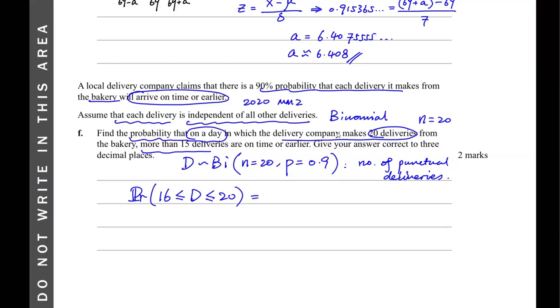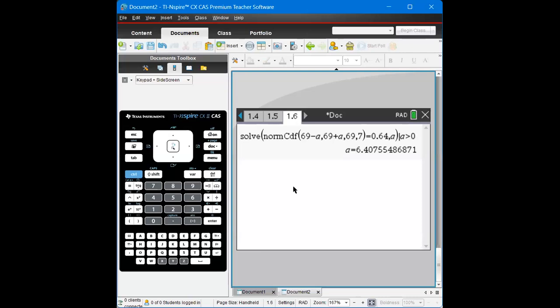So another binomial CDF problem. Well, that is too easy, I suppose. Fingers crossed for the end of the year paper. 20, 0.9, 16 to 20.